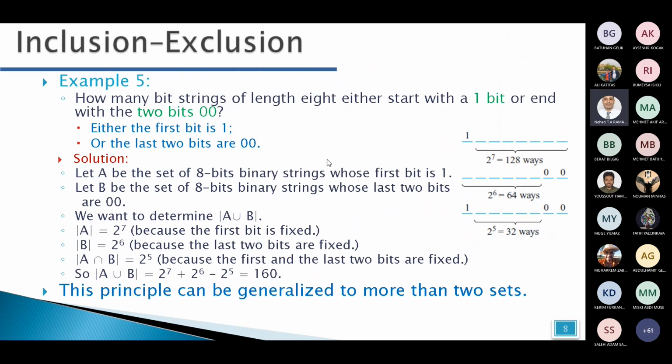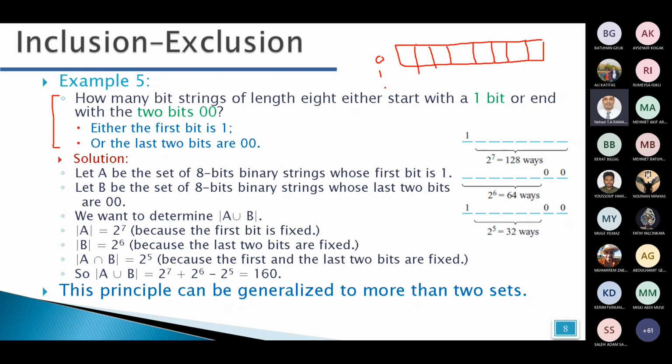So let's take another example for inclusion-exclusion. Focus on this example and see the difference. How many bit strings of length 8? Bit string means each digit is 0 or 1.